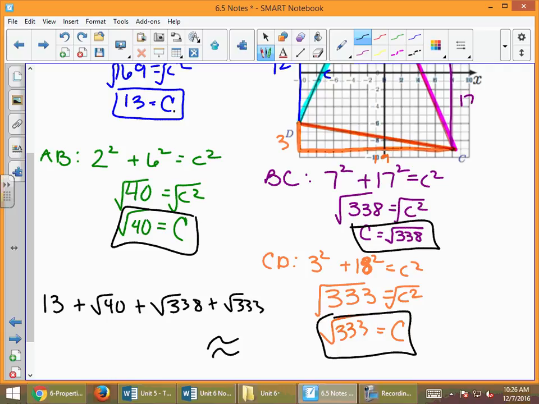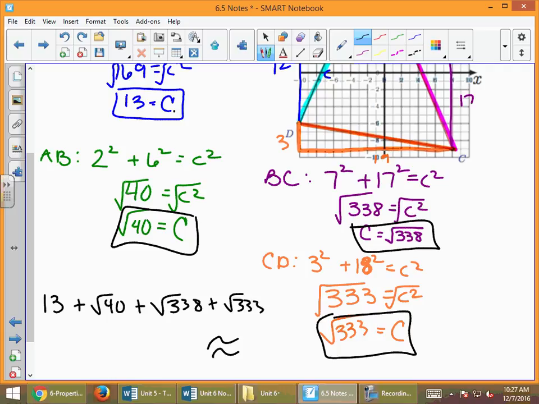What do we get? Our calculator is 333, green button x squared, plus 338, green button x squared, plus 40, green button x squared, plus 13. Life is so much easier if you have a graph calculator.